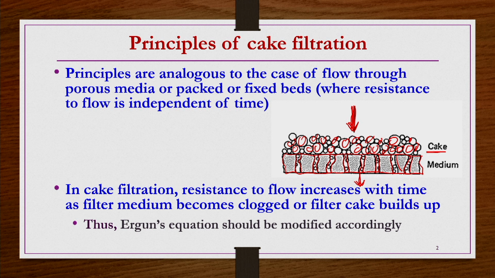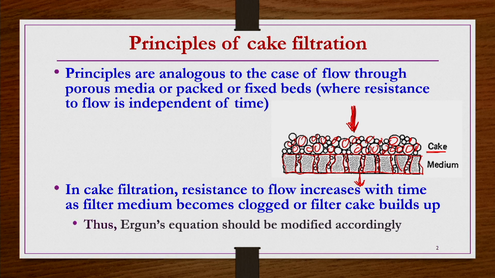All of them can be combined together if you bring the time factor into this equation. Once you bring the time factor into the equations for flow through packed bed, then accordingly the rest of the other things will also automatically come into the picture. How they come, that we are going to see now.